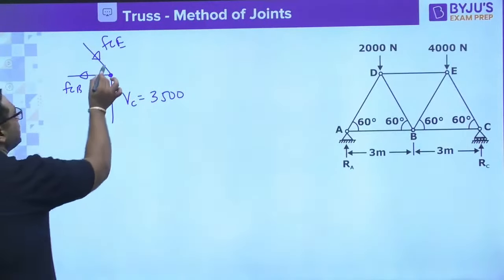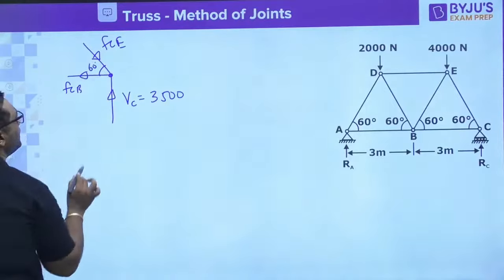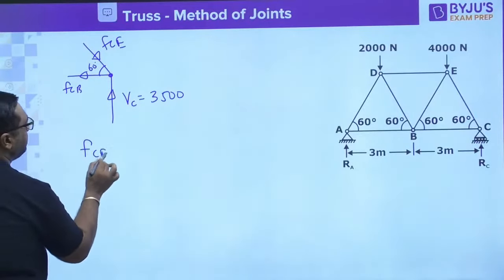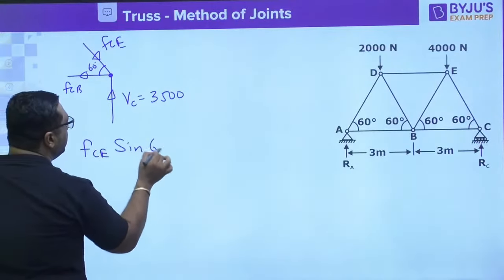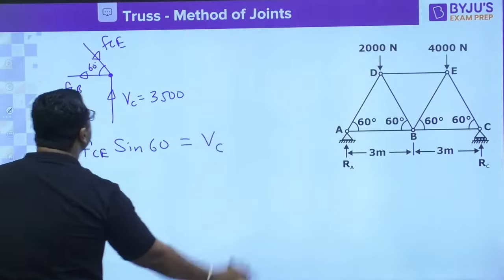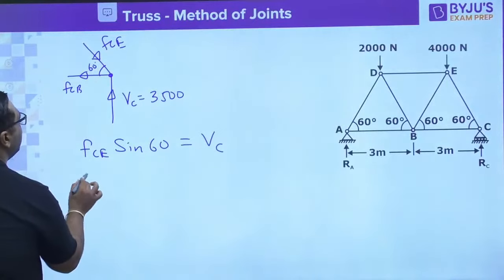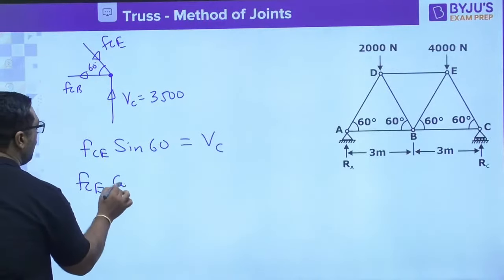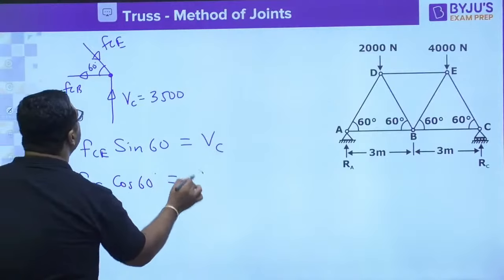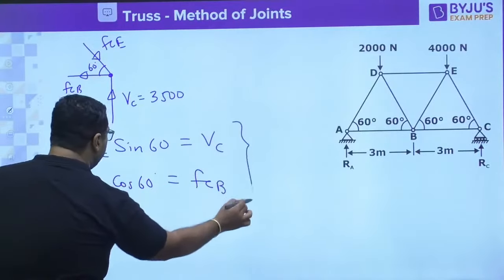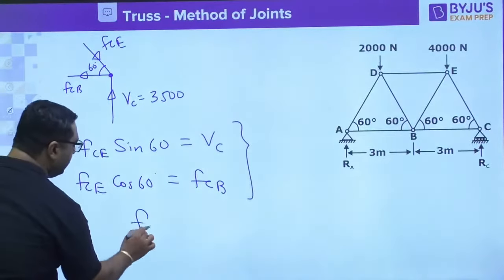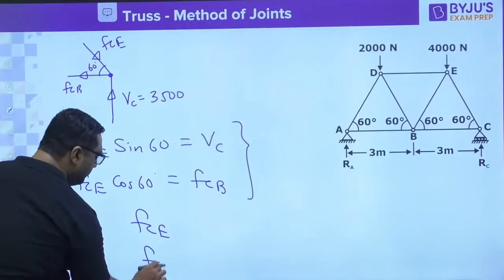Next case, this angle is 60. So now you can write FCE sine 60 is equal to VC. And my dear, you can also write one more thing, that FCE cos 60 is equal to FCB. So from here you can find out what FCE and what FCB are.